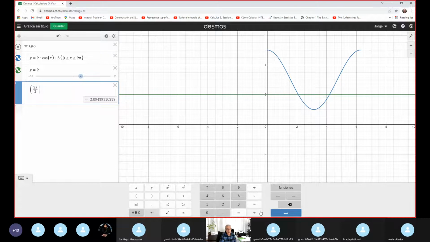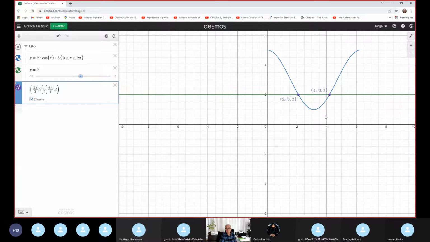I know that the y is 2 in both equations. The intersection between the blue and green curve is y equals 2 because 2 is a constant. Likewise, I copy and paste here because it's similar. Control C, separate by comma, Control V, but now it's 4 pi over 3, not 2 pi. Bang. Here I put the label, and this is the answer.